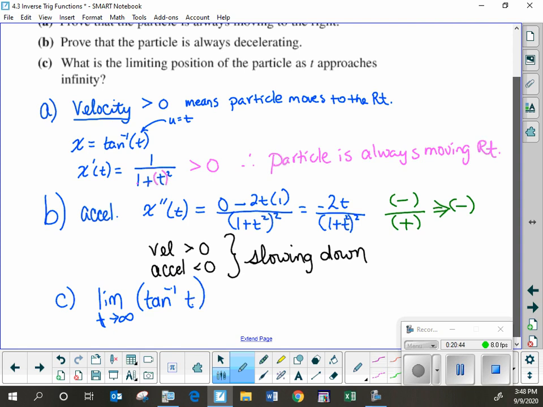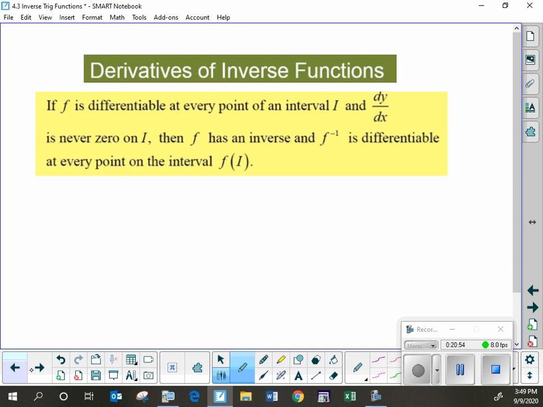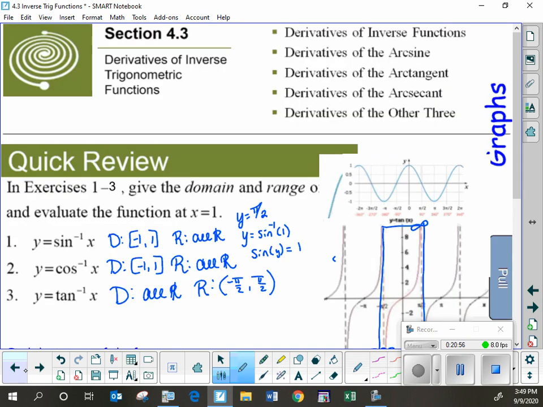And we're letting t go to infinity. Okay, so remember when we started this? We talked about domain and range, and it kind of comes back to that. The domain was all reals, and the highest value I can attain in tangent is pi over 2. That's its limiting position.